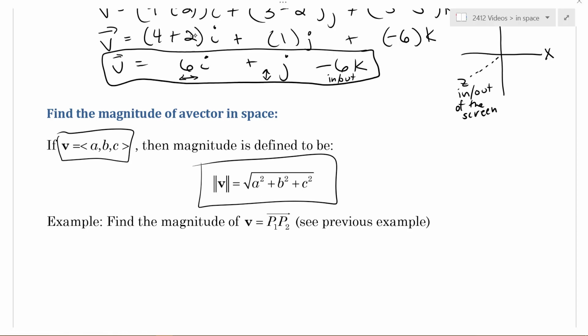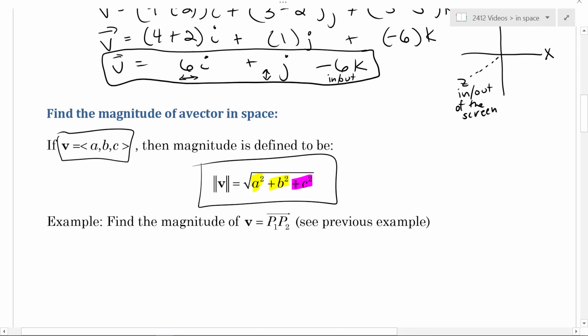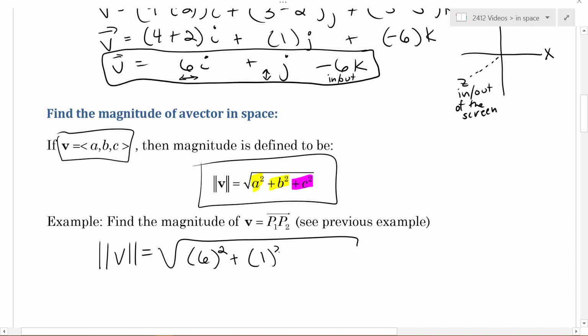Now once again, that should look really familiar. A squared, b squared, we've already done that. Now we're just adding a third letter into that same formula. So let's find the magnitude of that vector v. It's going to be the square root of the first component squared, so 6 squared, plus the second component squared, so that's 1 squared.